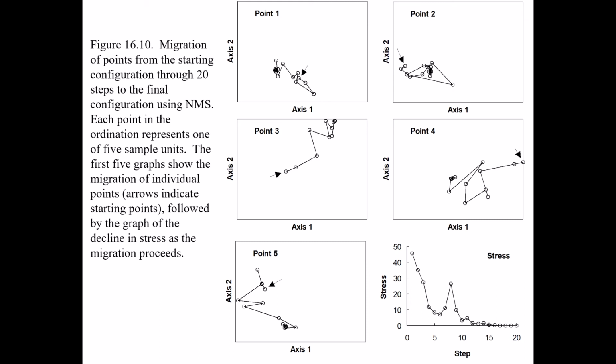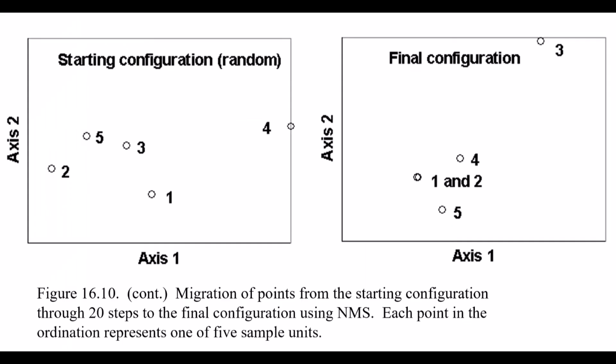So that could easily be that situation that somebody asked about with points moving at cross purposes to each other. So with the computer example, here's the final configuration, and let's compare that to what we've got here. So number 3 is out in left field here, or right field it is, as it is here. So we did pretty well with that. And then it looks like 4 and 1 are closest.